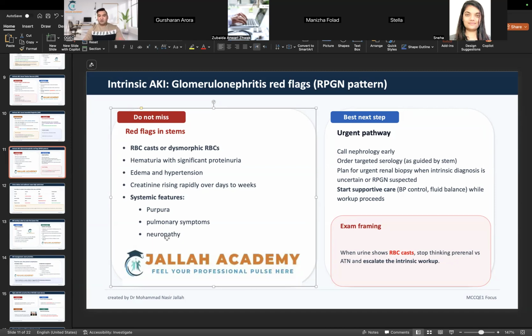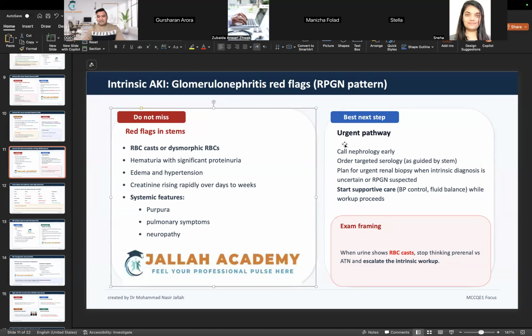On top of that, the patient will have hematuria, significant proteinuria, edema, hypertension, and creatinine will rise. Systemic features might be present also, like purpura, pulmonary symptoms, and neuropathy. But usually it is very easy to understand that if the patient has acute kidney injury and RBC cast or dysmorphic RBC, go with the glomerulonephritis.